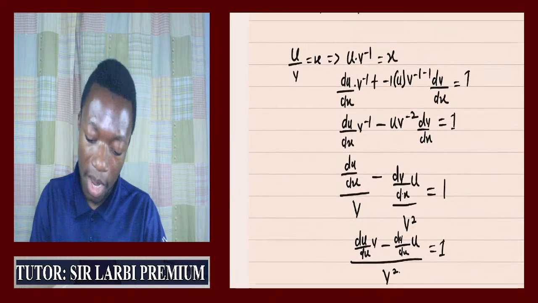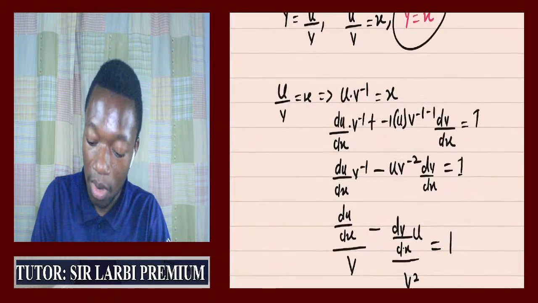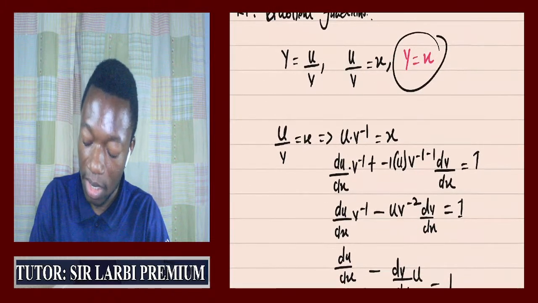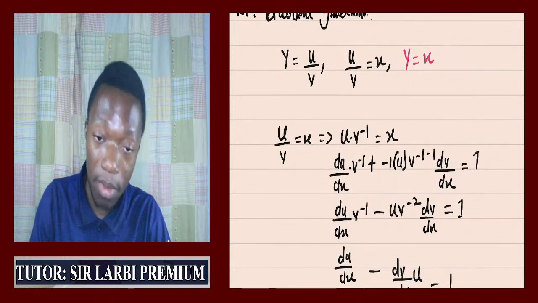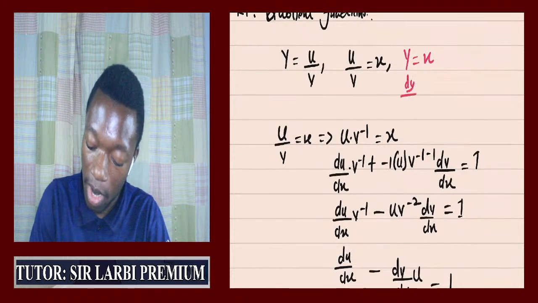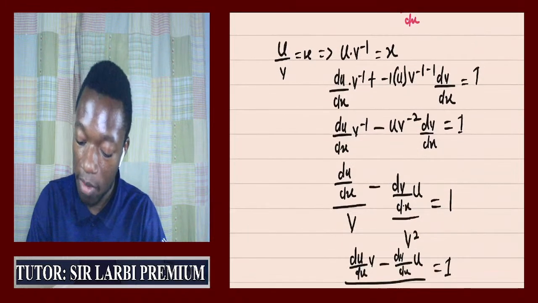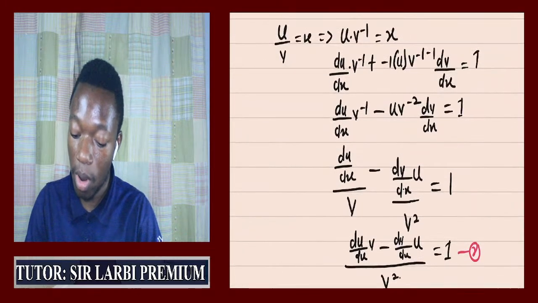Then we'll come back and ask ourselves that we also know that differential of this, which is y equal to x, rather, not y to the power x. It's the same thing as dy over dx, and that should be equal to 1, right? Yeah. So now we have first equation here, second equation. So now we can equate the 1 together.